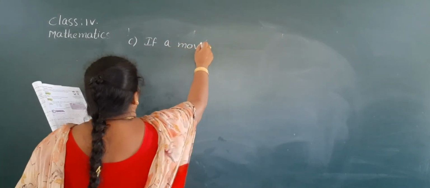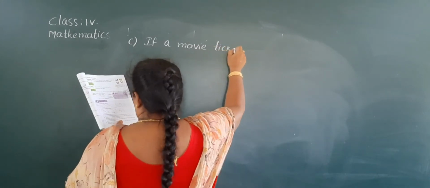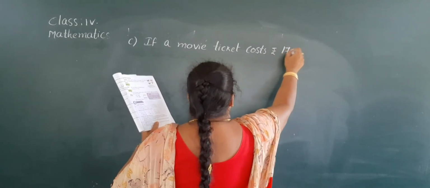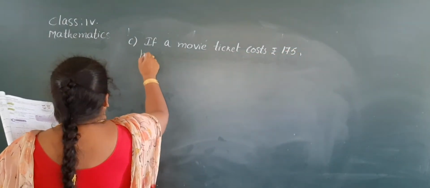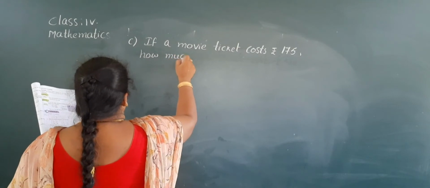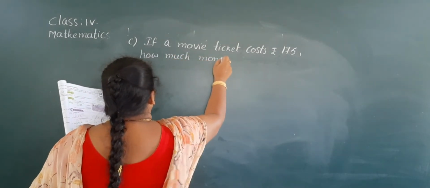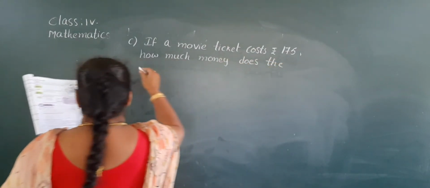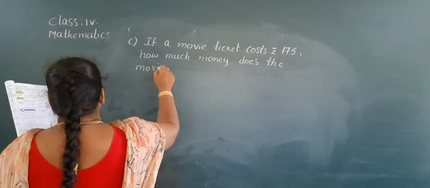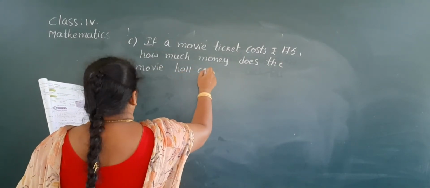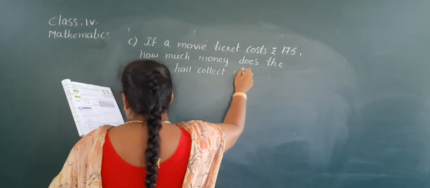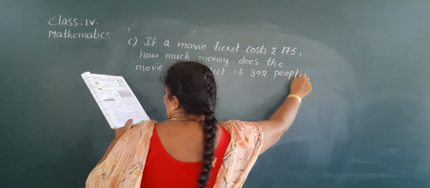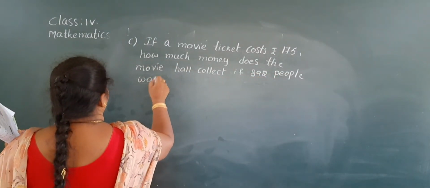If a movie ticket costs 175 rupees, how much money does the movie hall collect if 892 people watch the movie?